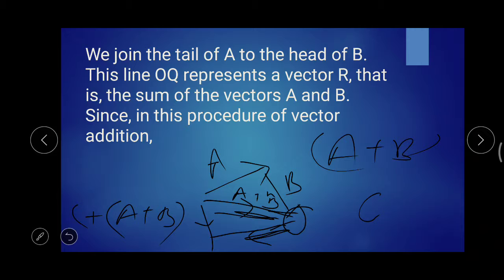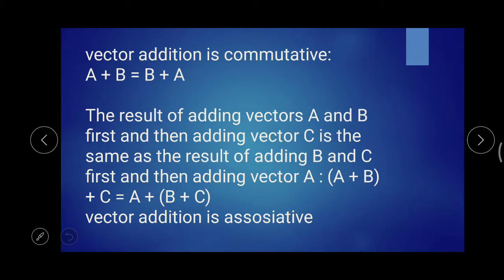In another way, you can find the sum of B and C first, and then join A with that, finding the sum of B plus C plus A. So these values are always equal to each other. This is known as the associative law.